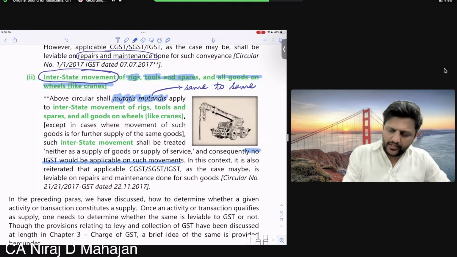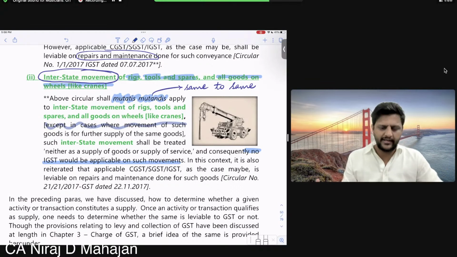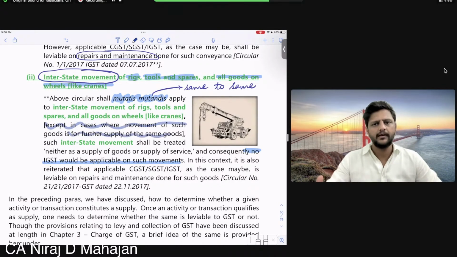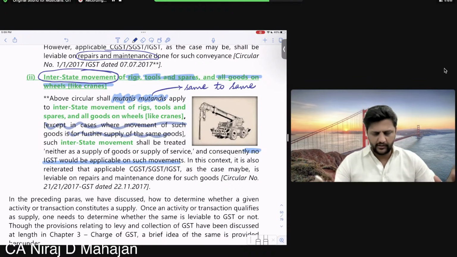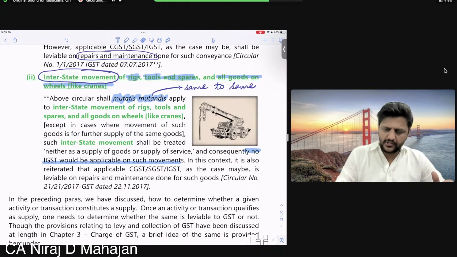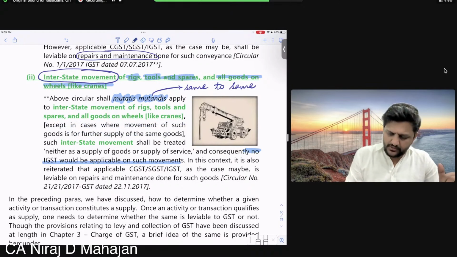Now should I ask you, pay attention, except in the cases where the movement of such goods, means cranes, is for further supply of the same goods. Can I ask you the meaning of this now? I'll give you an example, you tell me. The crane is going from Maharashtra to Karnataka. For what purpose? I want the meaning of this purpose.